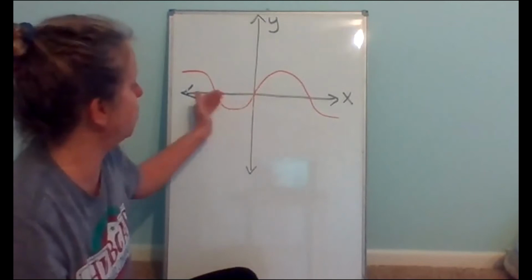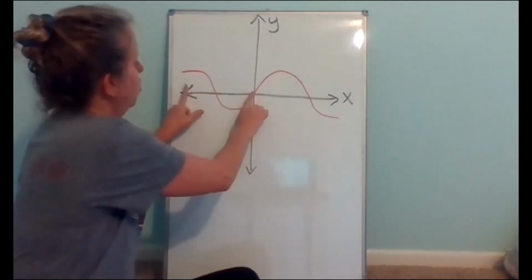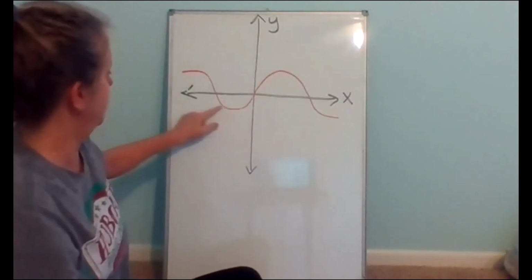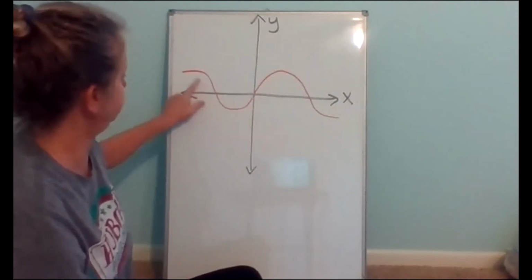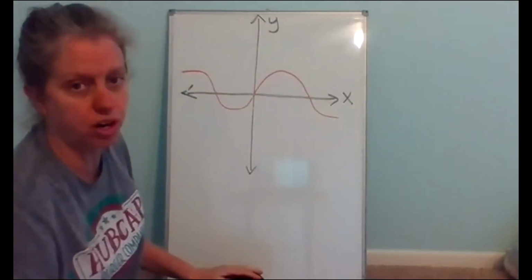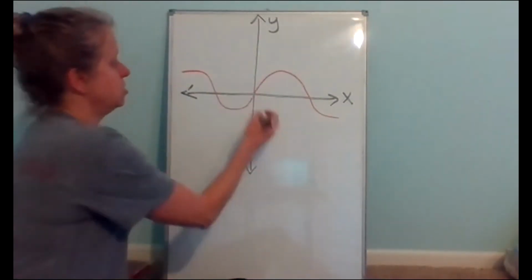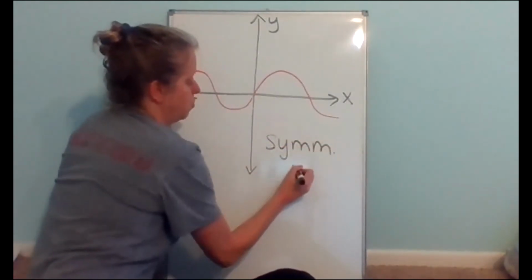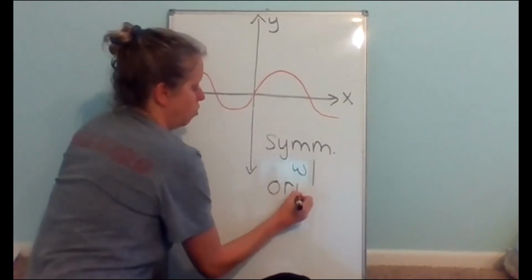You'd have to fold it both ways or rotate it 180 degrees, and then this part of the red graph would rotate and come and lie on the other part of the red graph. So this is what it looks like if you are symmetrical with the origin.